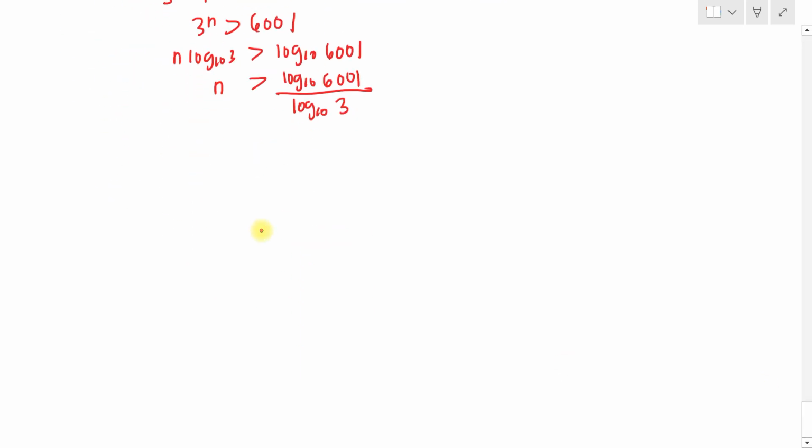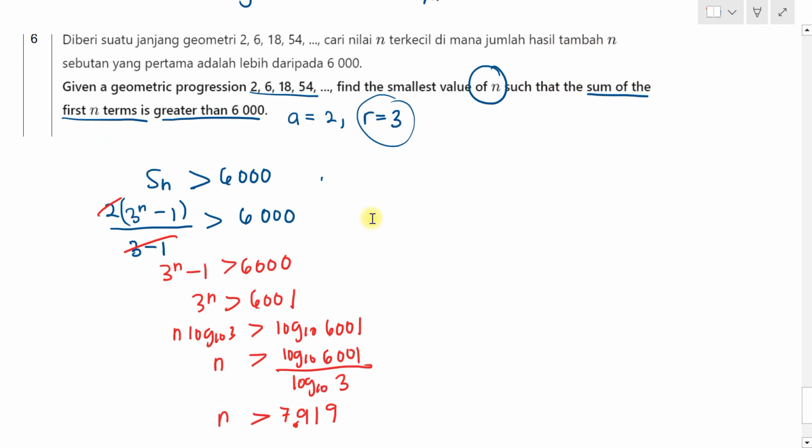When you solve this, you get 7.919. So n is more than 7.9, meaning closer to 8. So we choose n equal to 8.